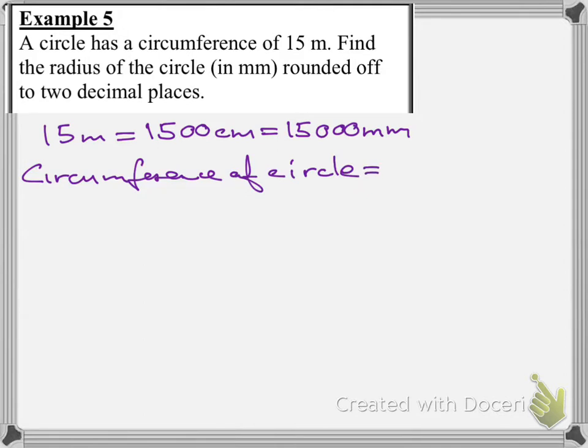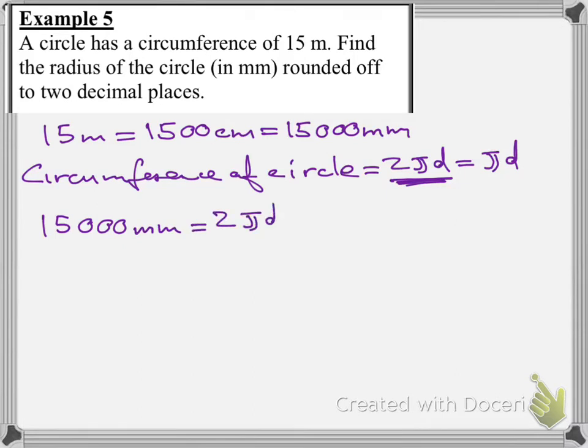So we know that the circumference of a circle is given by the formula 2 pi d, or we can say pi d. Here they want us to calculate the radius, so we are going to use this formula. So we can say 15,000 millimeters will be equal to 2 pi d.